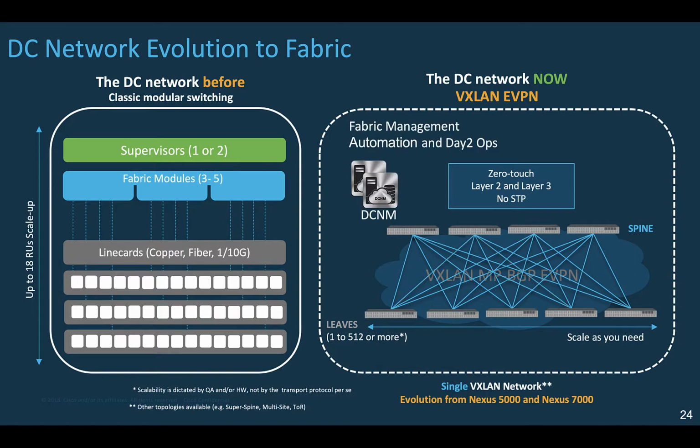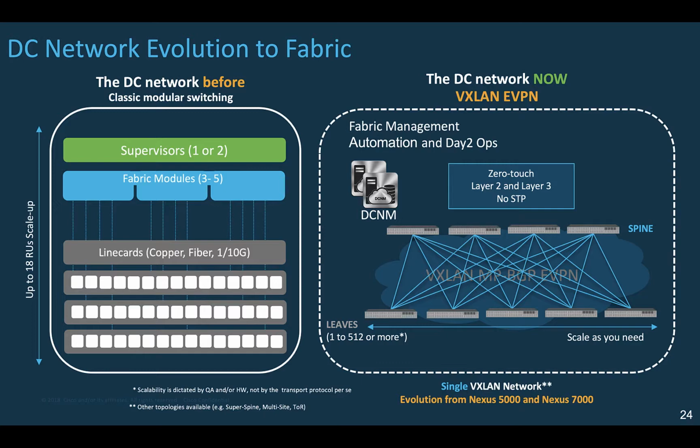You can provision the VXLAN with its control plane EVPN manually, or you can program the whole fabric automatically using DCNM. And there are leaf nodes that exist in multiple sizes and flavors in terms of port density and speed, from 100 meg to 400 gig.